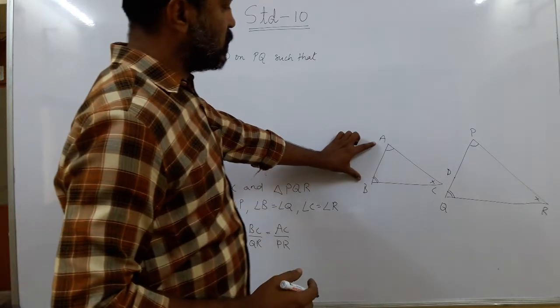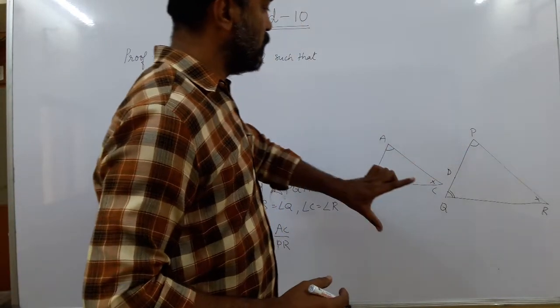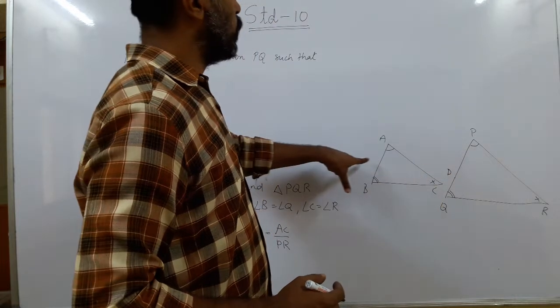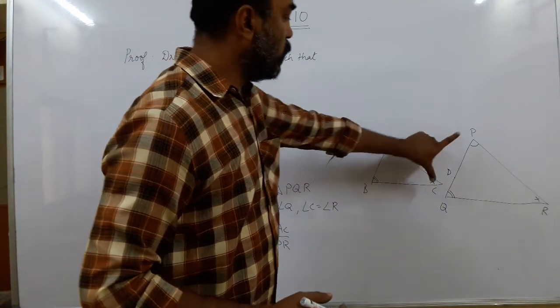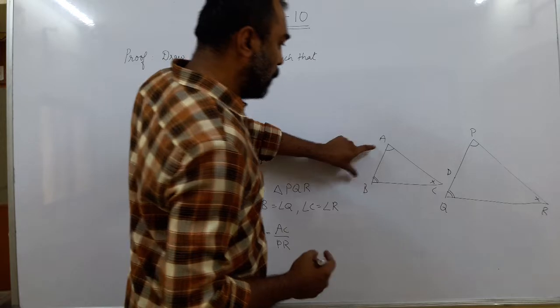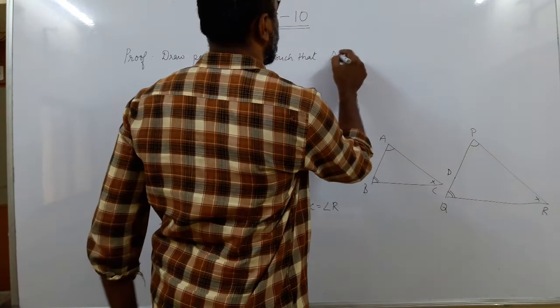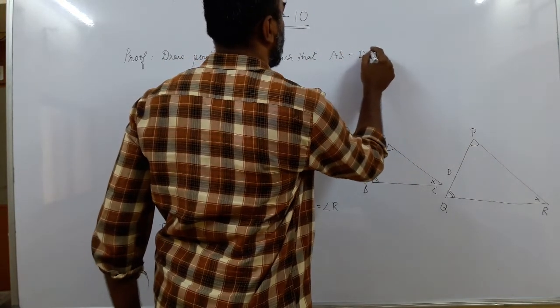Why I did this? Because this is the smaller triangle and this is the bigger triangle. You can see. So I draw a point on this. Otherwise, you can draw a point on this also. Draw a point D on PQ such that AB equal to DP. I have to draw it in such a way.